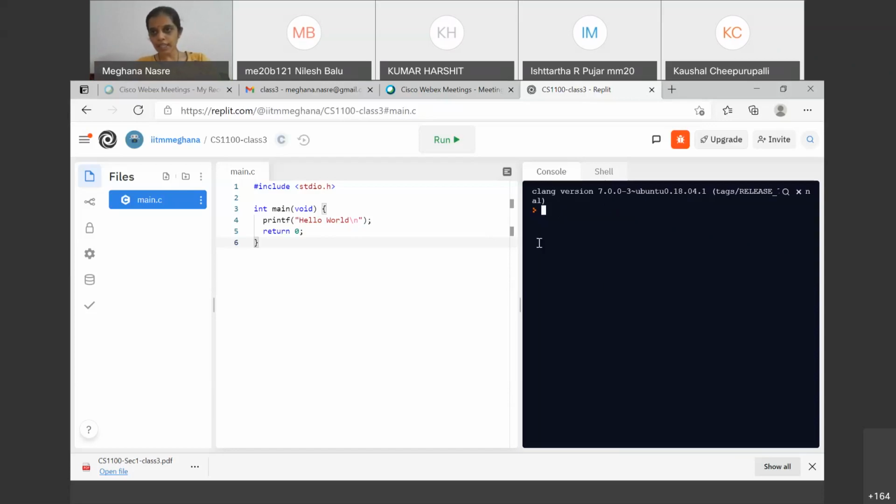The first thing that I'm going to show is a command which says ls, which is a command in Linux to list what is there in the current directory. In this current directory, there is only a file which is main.c, which is going to be visible here.